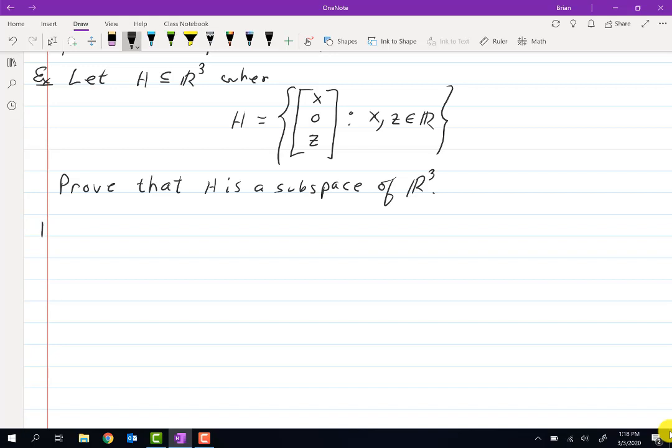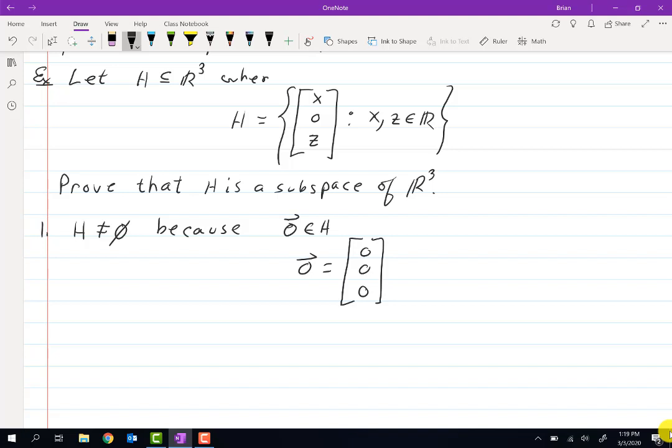First of all, H is not the empty set because the 0 vector is in H. We know the 0 vector will look like this: 0, 0, 0. It's in H because the second coordinate is a 0, and that's the only thing that H cares about.